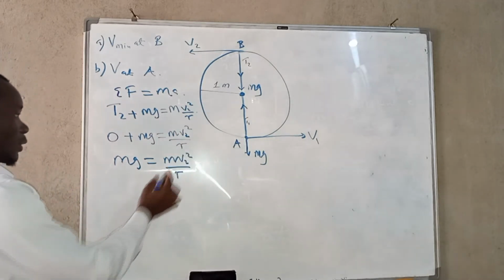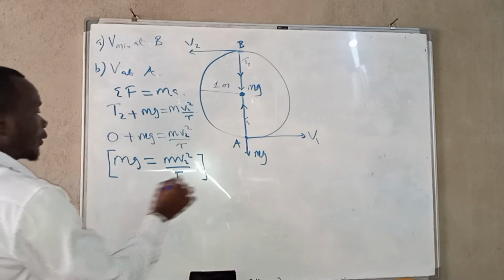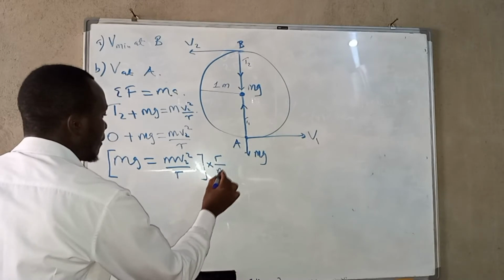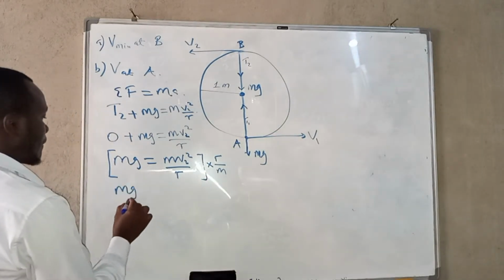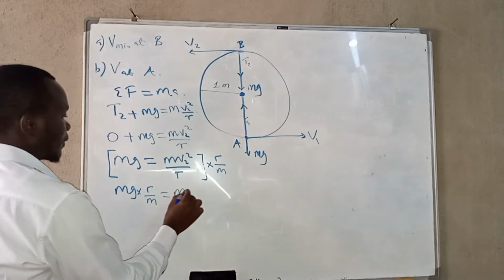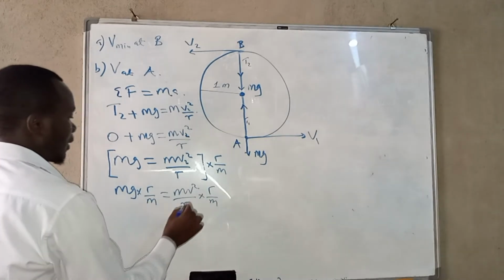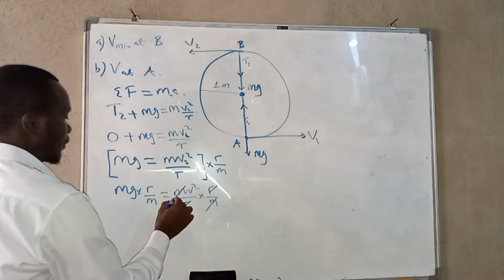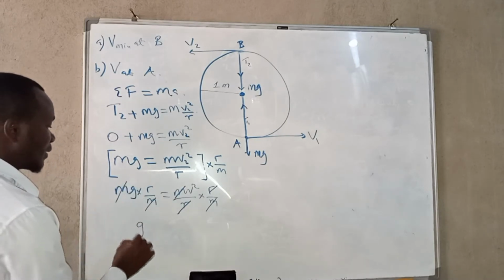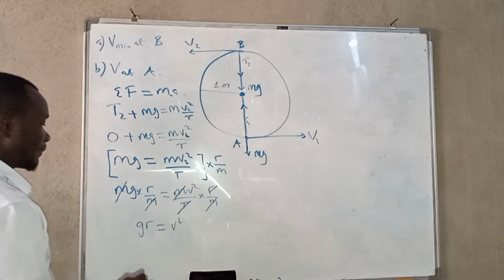Here we can multiply both sides by r over m, so that we have mg times r over m is equal to mv squared over r times r over m. This and this will go, this and this will go. So here we're going to have gr is equal to v squared.